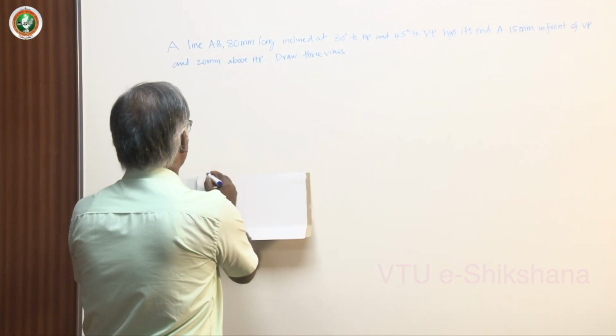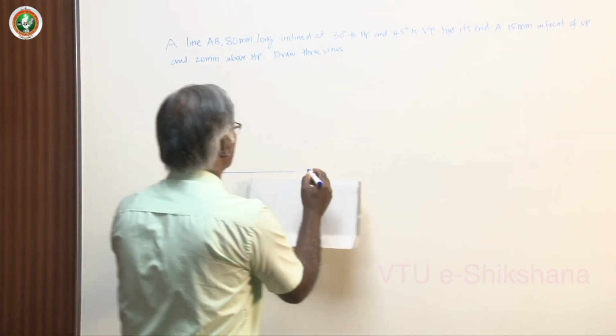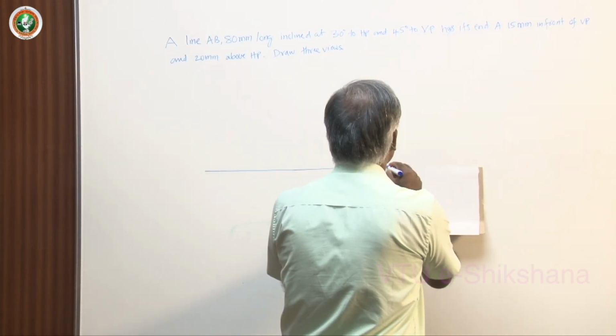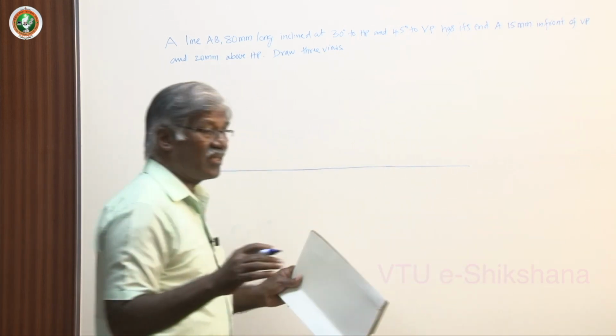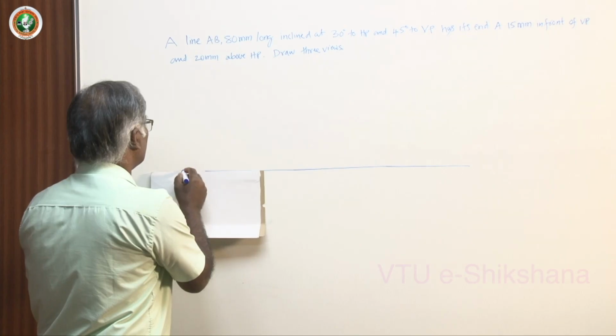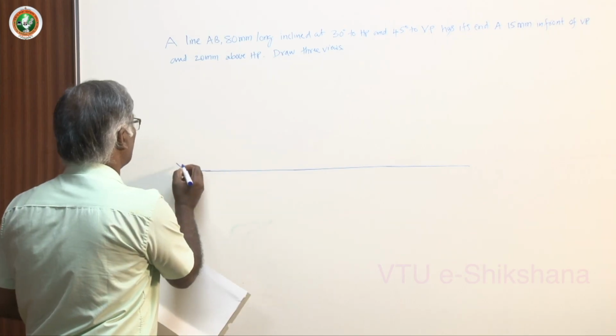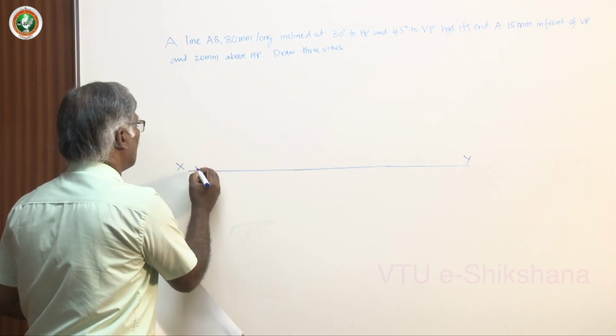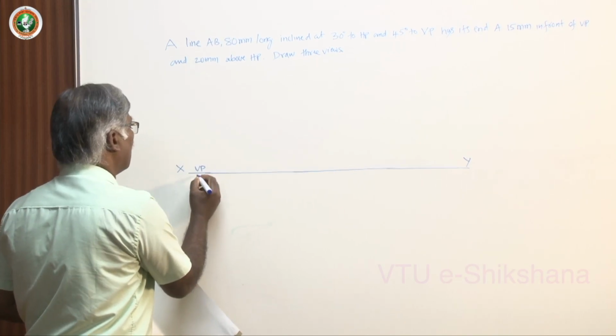To start with, you have to draw the XY line. Let me concentrate only on the front view and top view, not the side view now. As usual, XY, VP, HP.